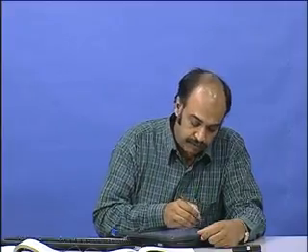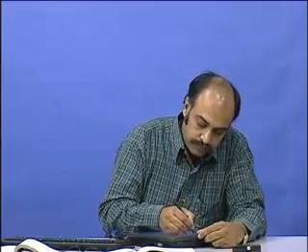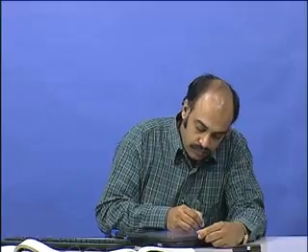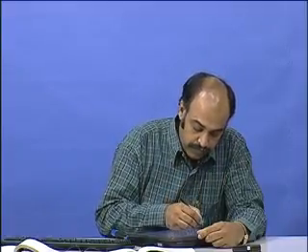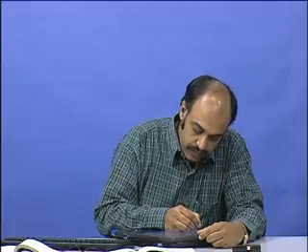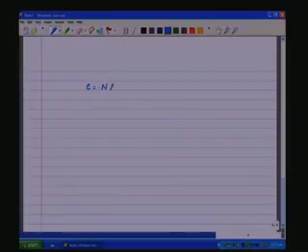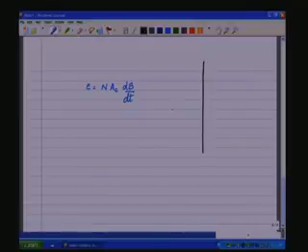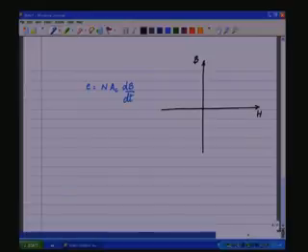Now, for sinusoidal waveforms, again from Faraday's law of electromagnetism, we have E equal to N AC dB by dt. Let us draw the BH curve. We have H and B. Let us draw the approximate BH curve.